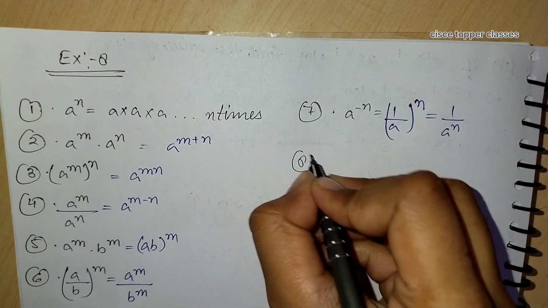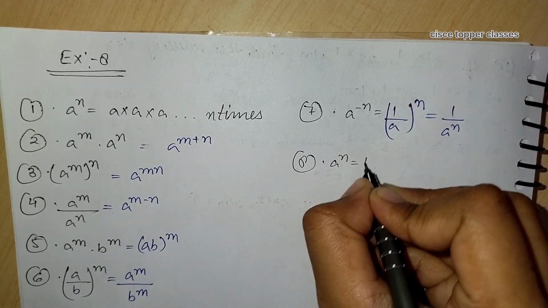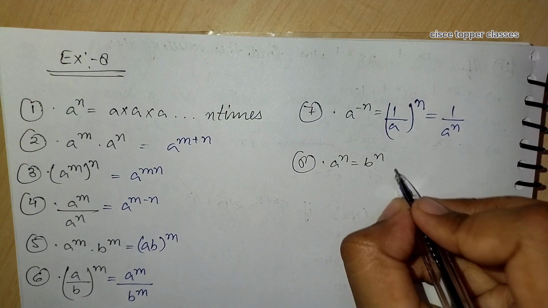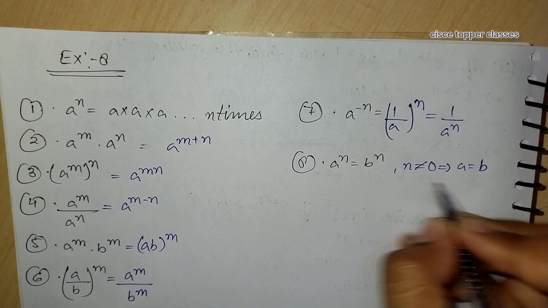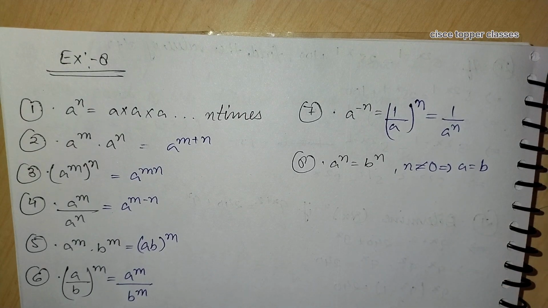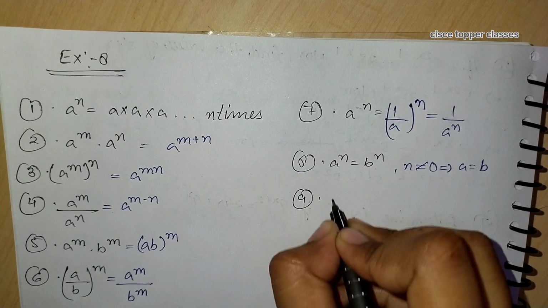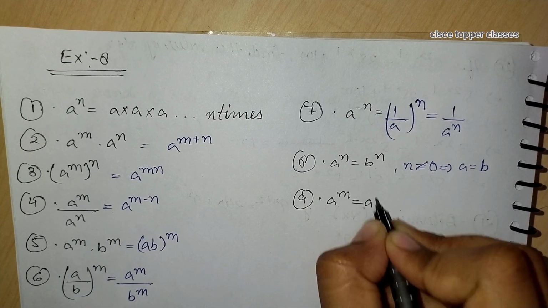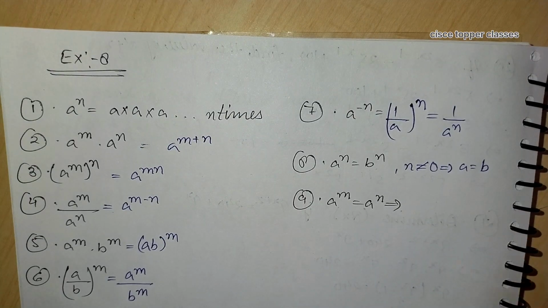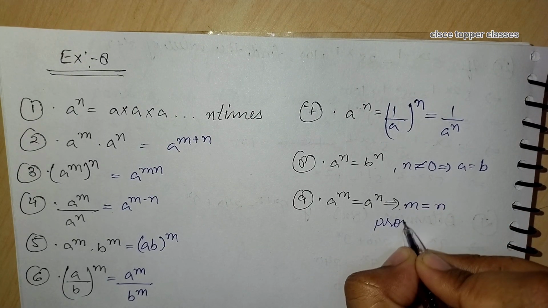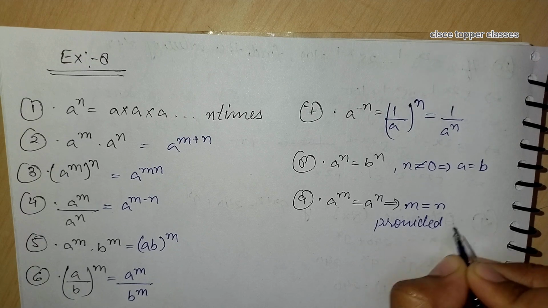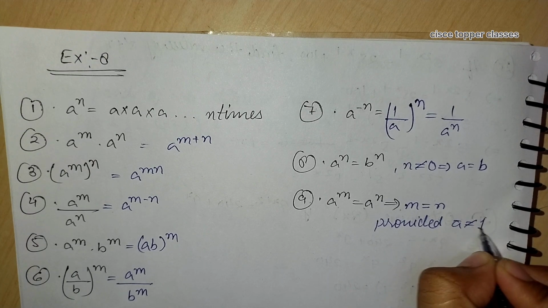Now eighth formula is a^n equal to b^n, where n is not equal to 0, then a is equal to b. Now ninth part is a^m equal to a^n implies m is equal to n, provided that a is not equal to 1.